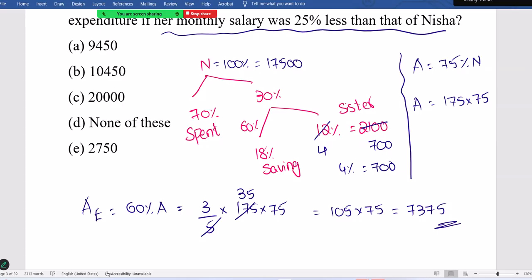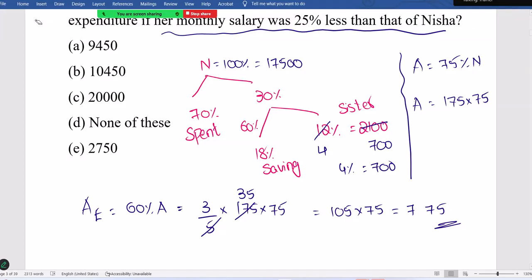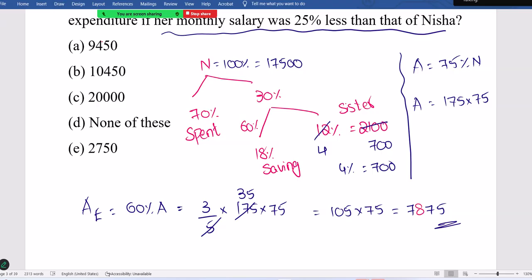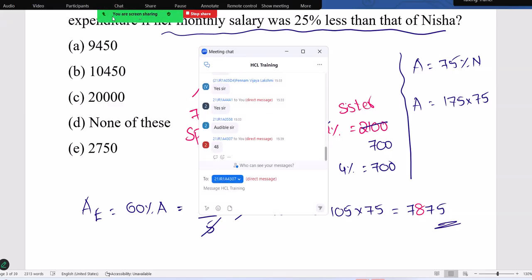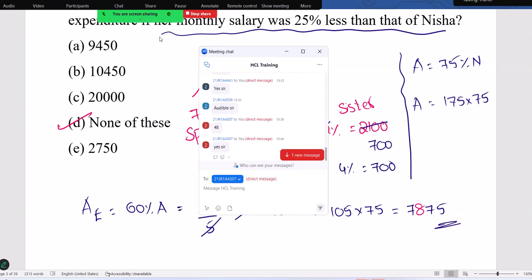Sorry, it's a mistake in calculation in the last line. 7,500 plus 375, that is 7875. Guys, are you agreeing with this? Options fine. None is also one of the options, right? None of this, fine, that's cool.